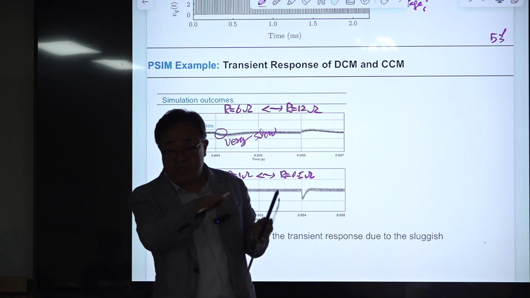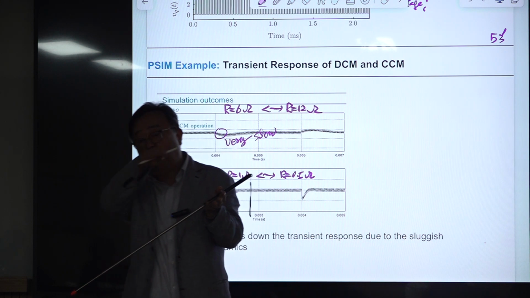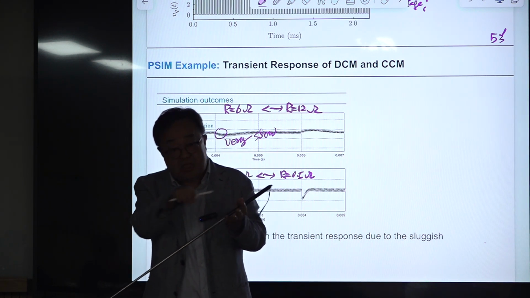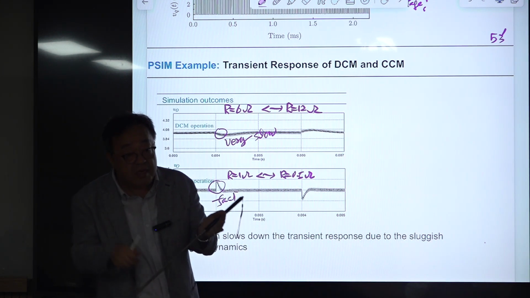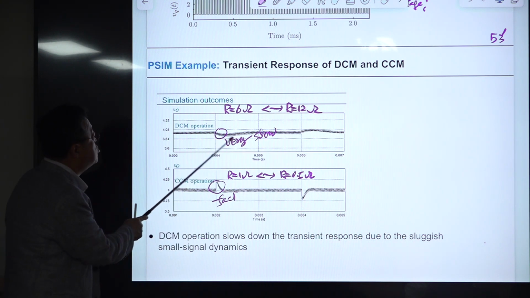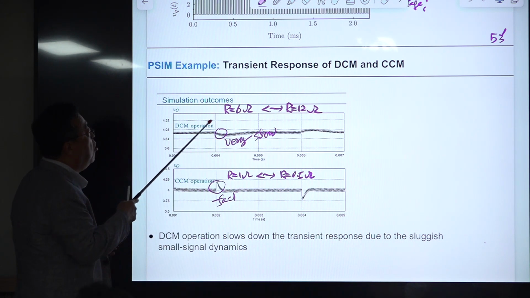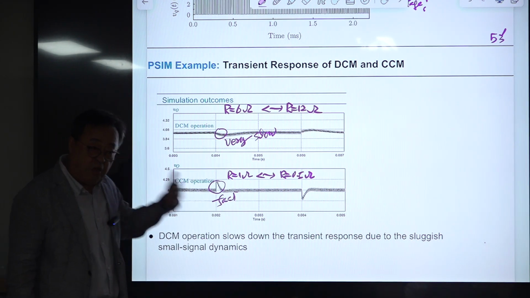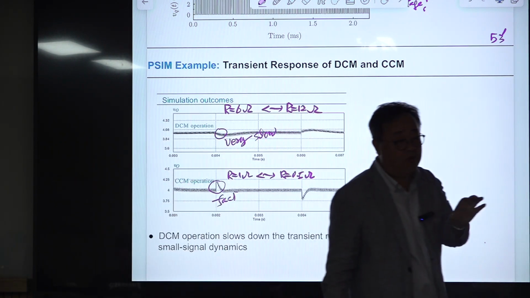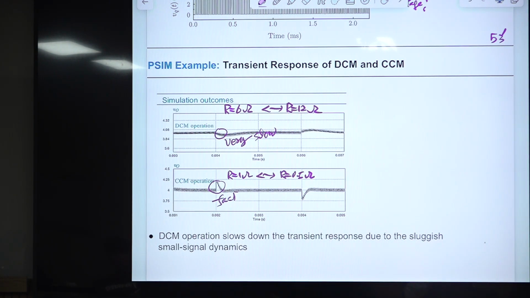The inductor current starts from 0 and returns to 0, so the inductor current is not changing in some sense. Because of that, the transient response of a first order system is very slow. So DCM is inherently slow. That is the common characteristic of all converters operating in DCM.